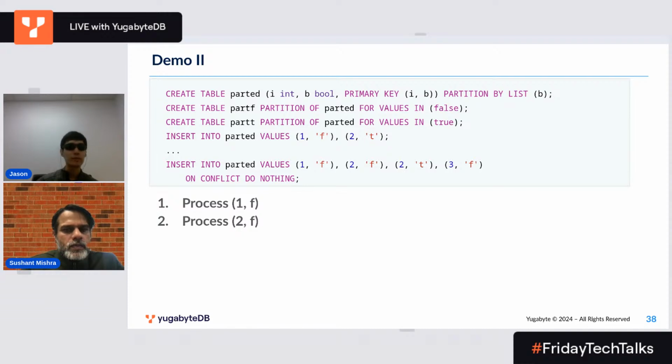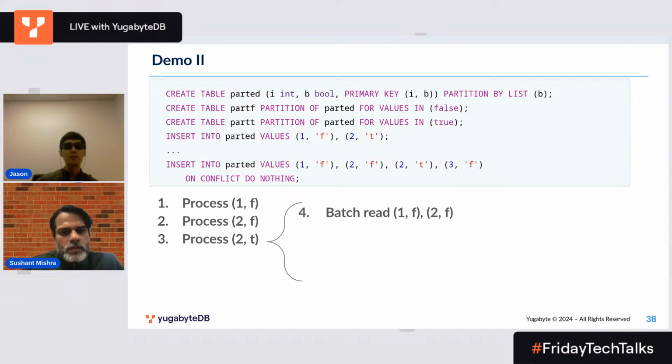So we processed 2F as well. And then we processed 2T, but 2T doesn't support this batching. So that's not good. We have to interrupt at this point and finish off our previous batch.